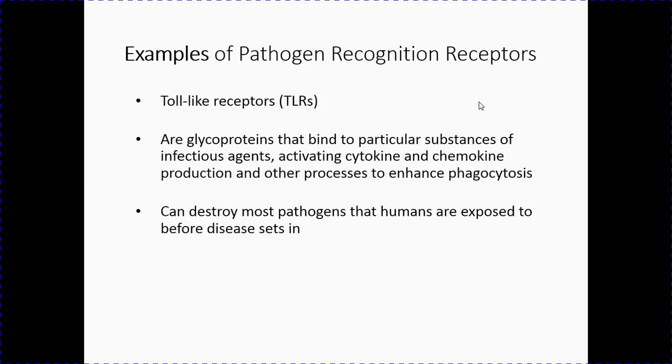A protein that's named toll was originally found in a fruit fly in the species Drosophila. And so that protein called toll plays an important role in the antifungal immunity of the fruit fly.